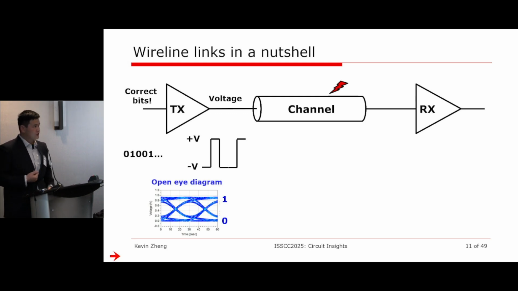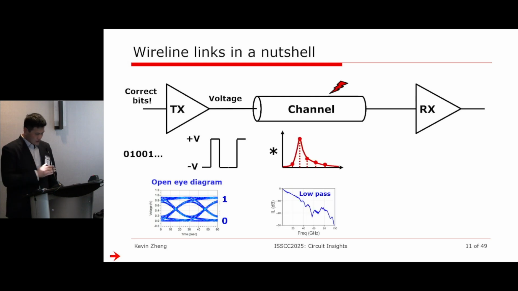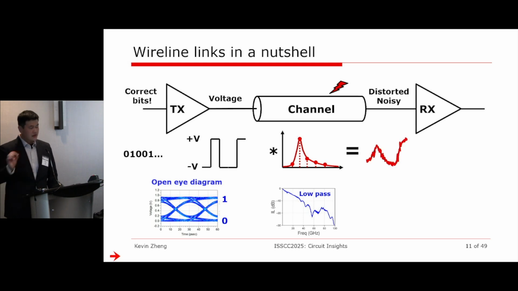It's not hard for us to distinguish what a 1 is and what a 0 is, right, from this eye diagram. What happens if I go through the channel? The channel, in essence, is a low-pass filter. So it's going to slow your signal down. And once it gets out of the other end of the channel, like I said before, it's going to be distorted, and then you're going to have noise on top of it.